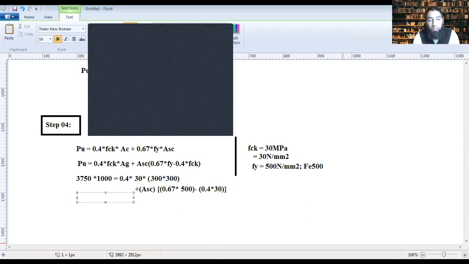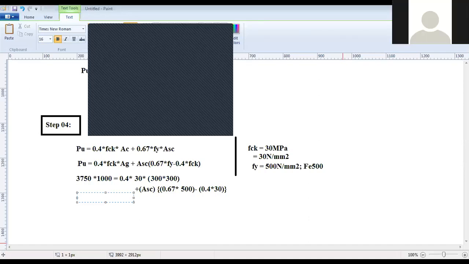Determine the value of ASC at your own places. 8266 mm².